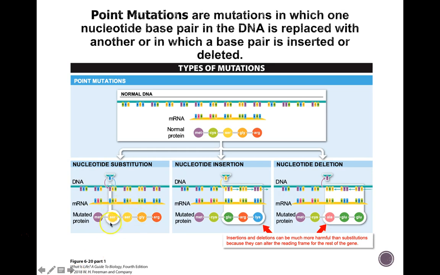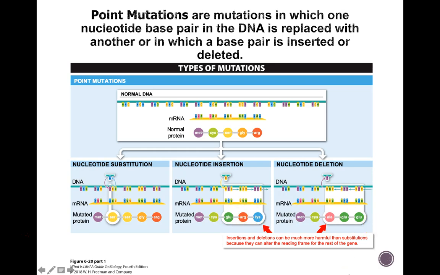The nucleotide substitution severity is just going to depend on the change that happens. If you insert a similar amino acid, you might not have as much of an effect. If you insert a very different one chemically, you can have a major change in protein function. You can also introduce a stop codon, which would terminate the protein prematurely, and that same thing could appear in an insertion and deletion as well.